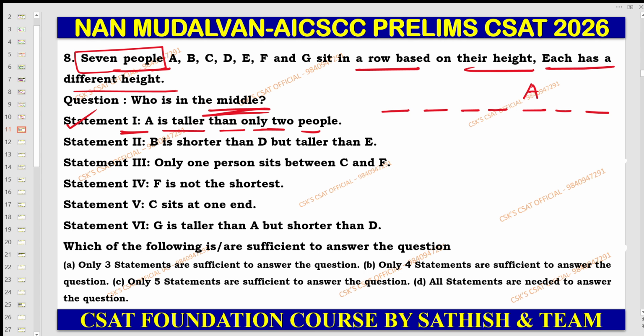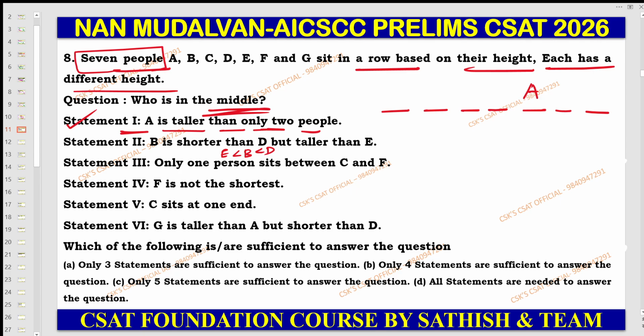Next, statement number 2 says B is shorter than D, but taller than E. We can't fix this one as of now. Definitely we can't do it, leave it.